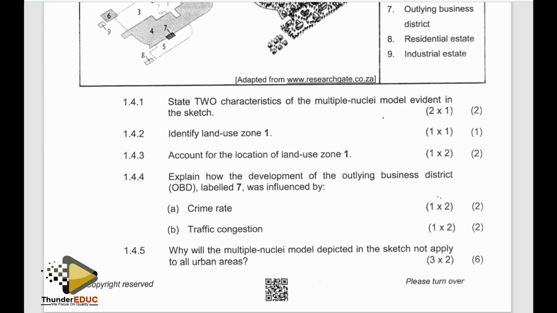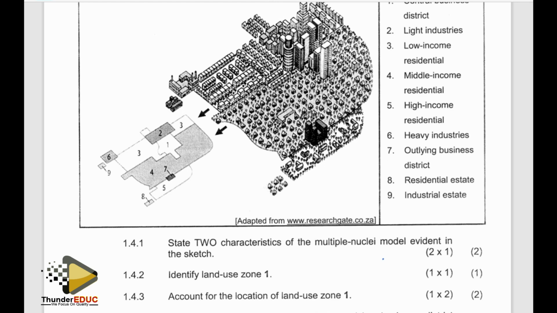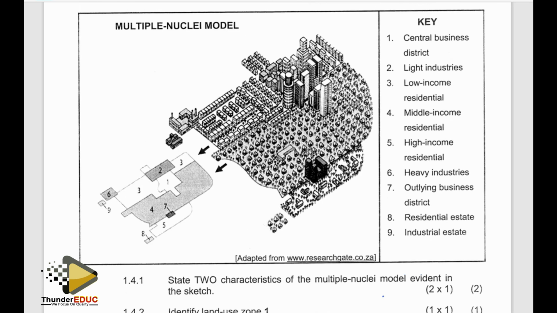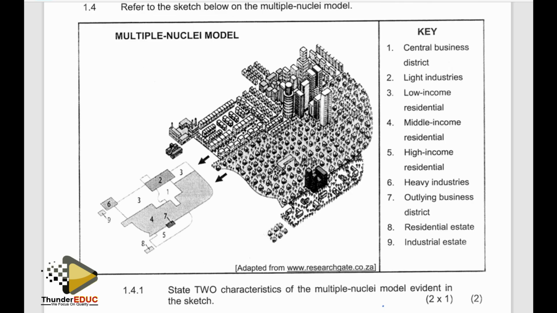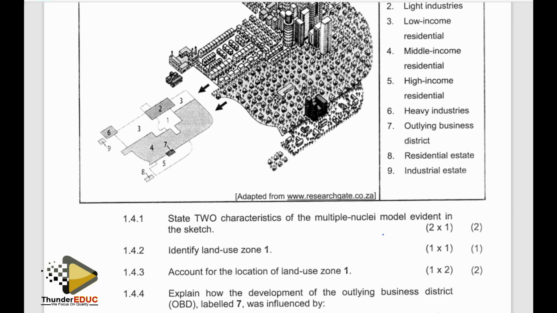And also, if we check the level of development, this model can be applied to the Western world. It cannot be applied to cities in the developing world or the third world because of the differences in the level of development. It does not apply to much of the cities in low-income countries. This model is not actually compatible with that.